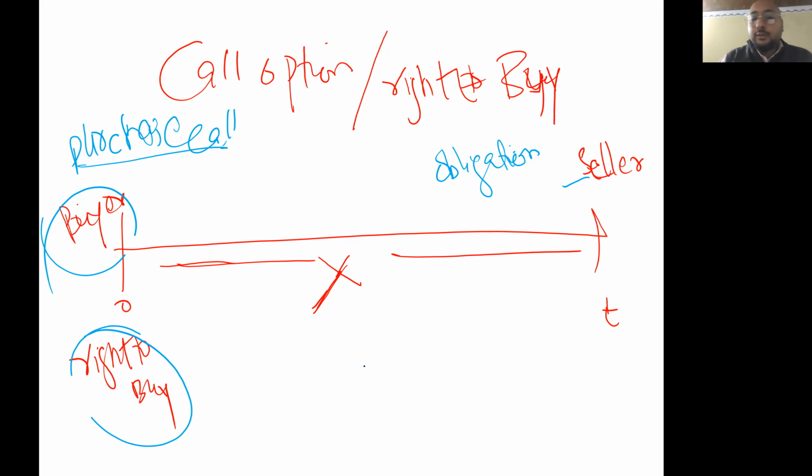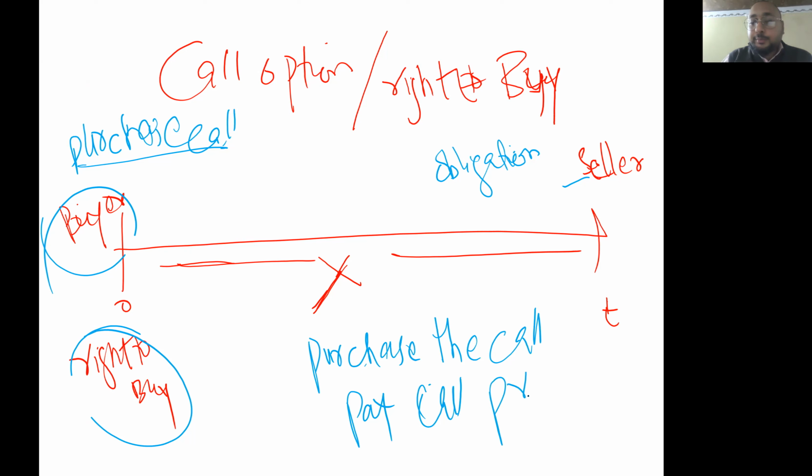Then the person who purchased the call, before the initiation of the contract, would pay the call premium, denoted by small c. So who will receive the premium? The seller, who is obligated to honor the call of the buyer.